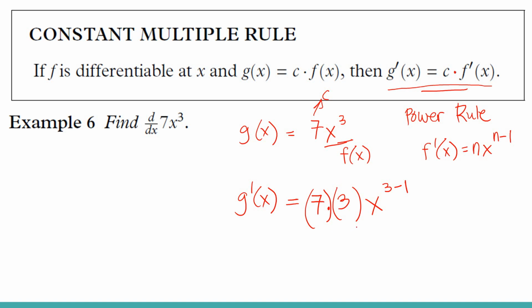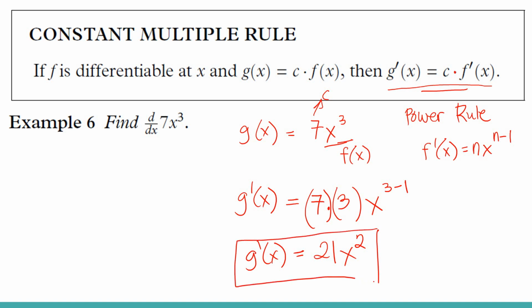Simplifying, 7 times 3, the derivative will become 21x squared, because this is 3 minus 1, so the remaining exponent will be 2. So the first derivative of f of x or g of x equals 21x squared.